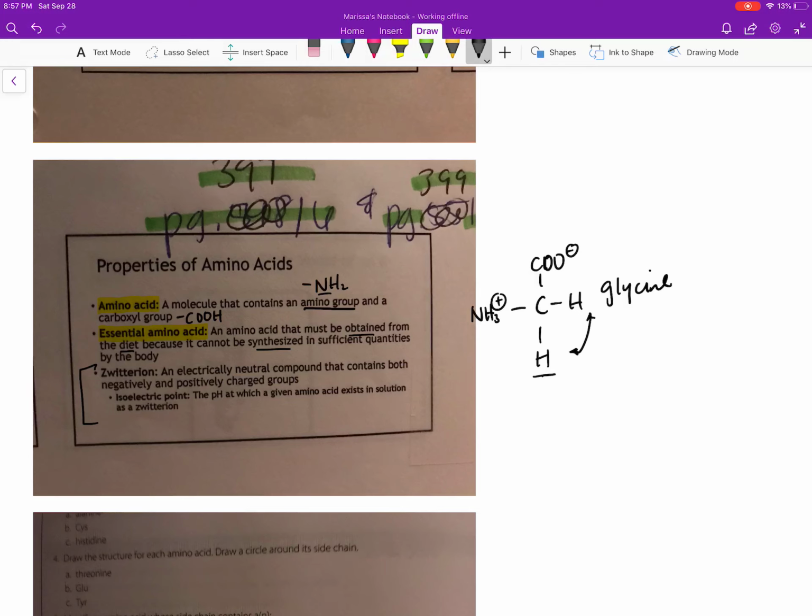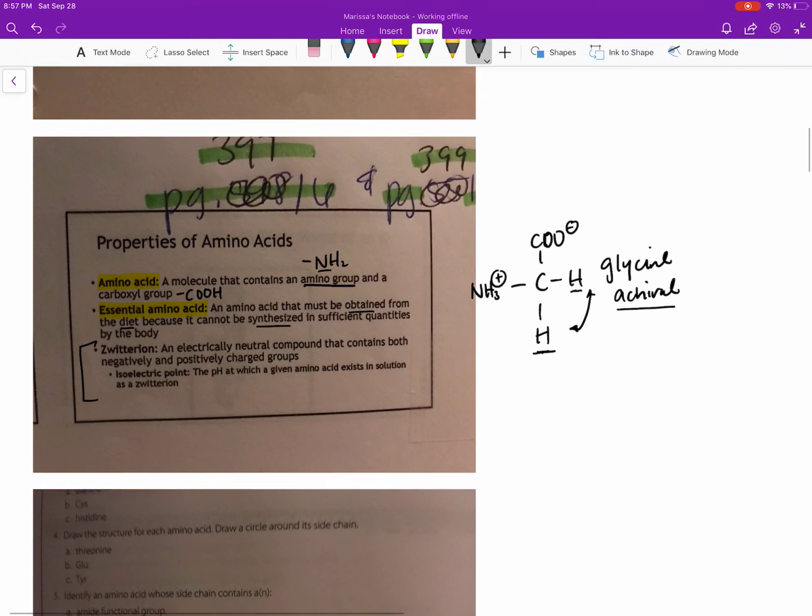Okay, so this amino acid has two identical groups, which is the hydrogens. We also say that it is the only one that is achiral, which we didn't spend much time on earlier, so it's just kind of a weird thing that you might see in the book that it's going to say that it is achiral.